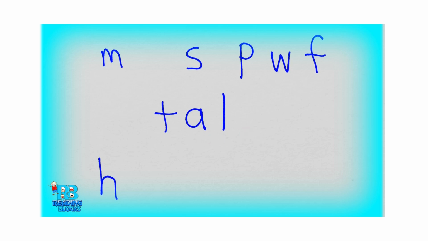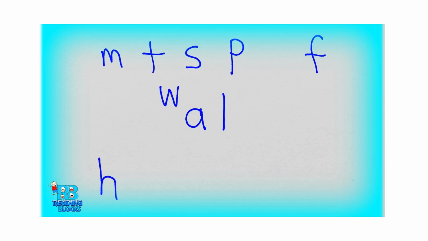Very good. If we take this out of the way, bring down our s, we have s-al, sal. Very good. If we take our s out of the way, bring down our p, we have p-al, pal. Very good. Now let's take our p and bring down our w.